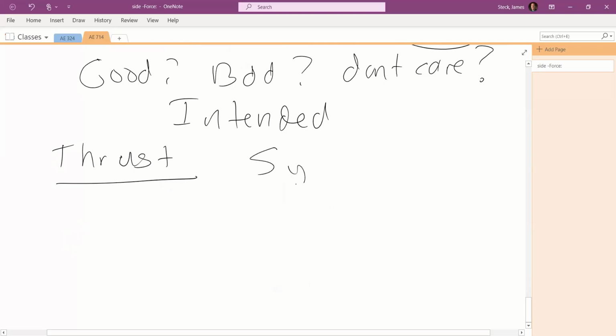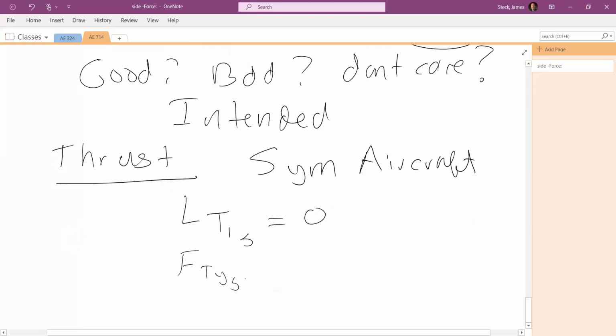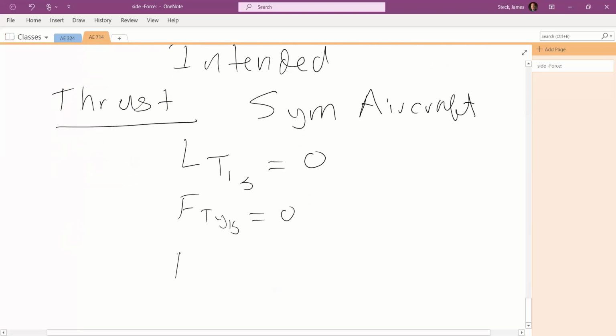So if we have a symmetrical aircraft, then you're going to like this. The rolling moment due to thrust is 0. The side force is 0. And the yawing moment is 0 because it's symmetrical.